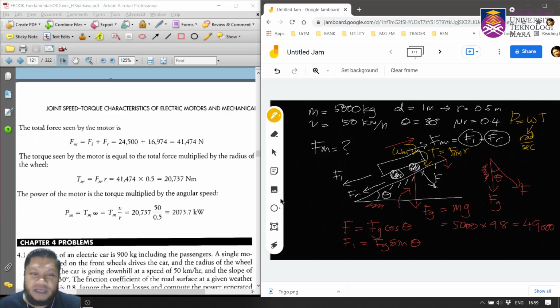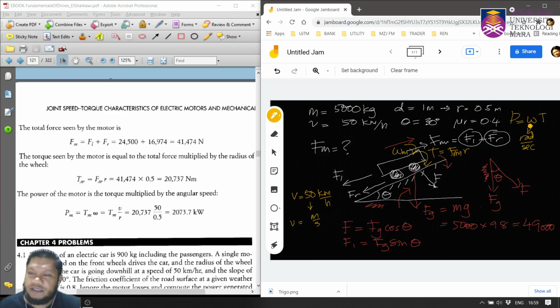The solution here is not quite right, because the V given is actually 50 kilometer per hour, right? So you need to change that into meter per second, isn't it?